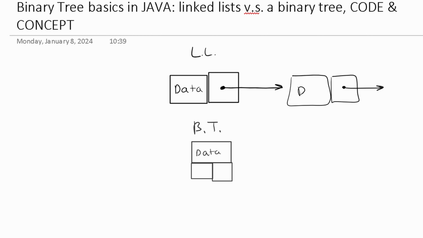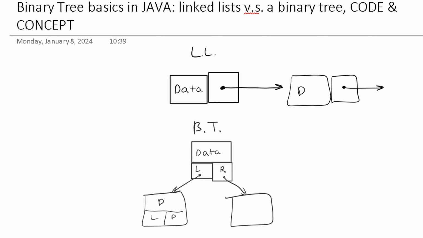Now, these are going to be your left and your right, and they're going to point out. And these can link to new blocks. So we could have like a new block here, and then this could be our D for data. We could split this into left and right, and then we're going to keep going on. And this just repeats recursively until you finish loading your binary tree with data.